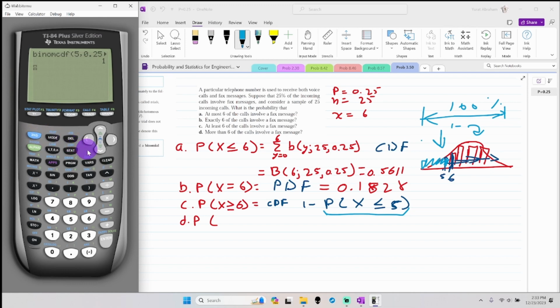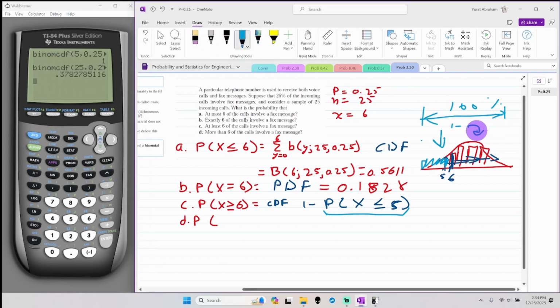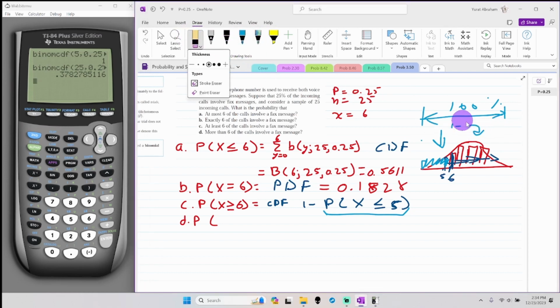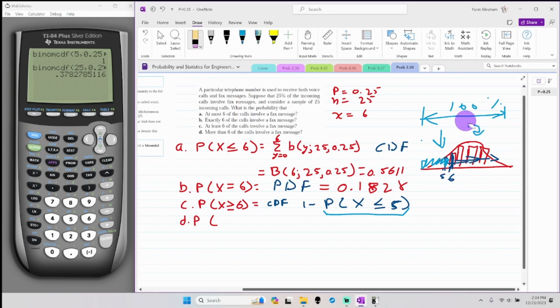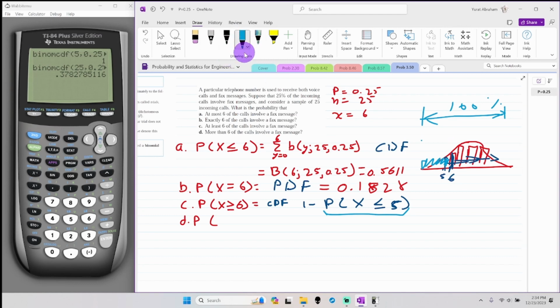Let me go back there again. See? Oh yes, number size 25. Sorry. This again. Enter. All right. Now that is going to give us, let me erase this part right here, just so we can have some space.